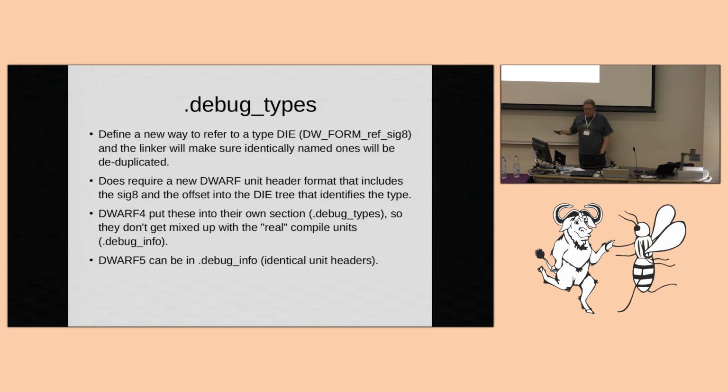One of the main reasons was fairly simple: as soon as you break the DIE tree into different sections, a lot of programs just use offsets in a section, and even their interfaces, ABIs, have a DIE referenced by an offset, and now suddenly you had to add two. For DWARF5, it all became a bit simpler.